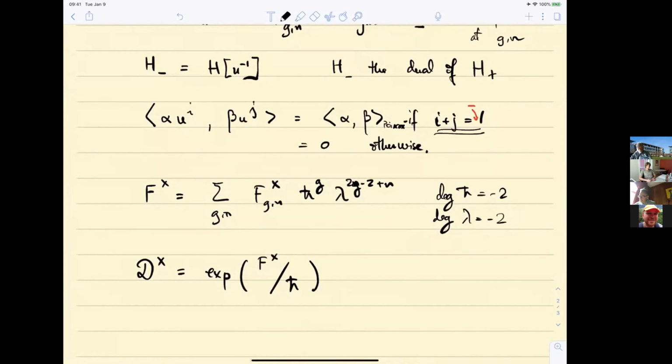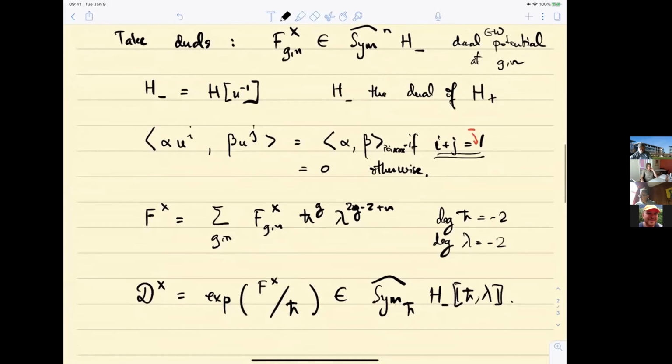And this lives in some completed version of this polynomial ring, if you want, with coefficients in H minus. So somehow you should keep in mind that what I'm doing is something a little bit dual to what Givental and Coates would be doing.